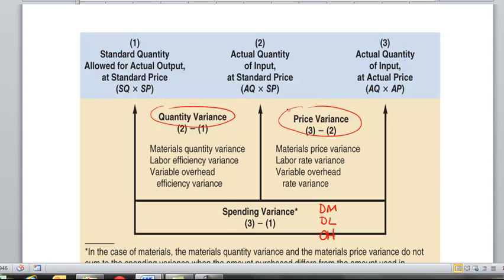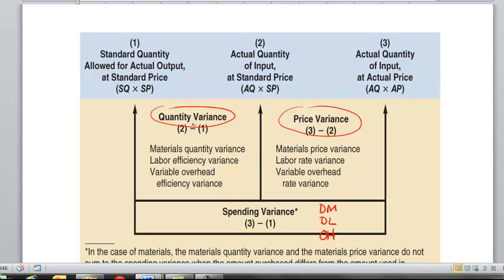But when you go deeper and separate it into quantity variance and price variance, you might find that your price variance is actually unfavorable. And the person who controls that is your purchasing manager. Versus you might have a favorable quantity variance, meaning how you're using the amount of material that you're using is within range, and that is the responsibility of your plant manager.